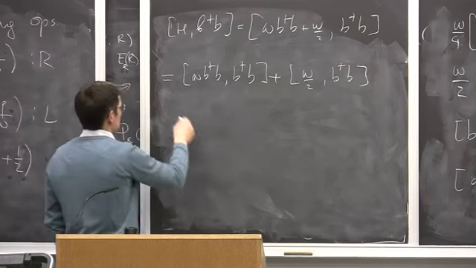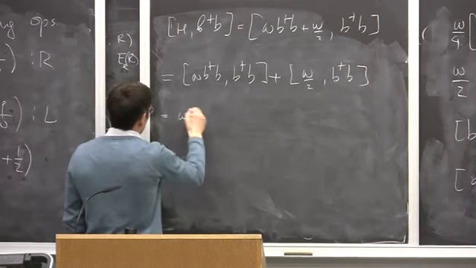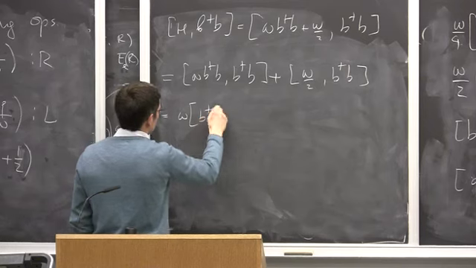Now this is omega times the commutator of b dagger b.